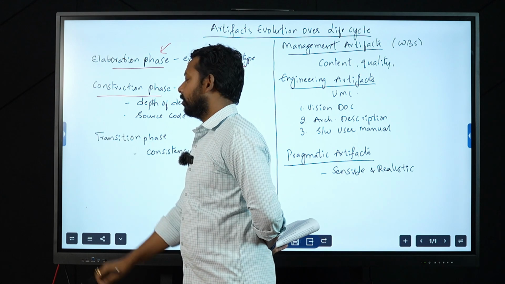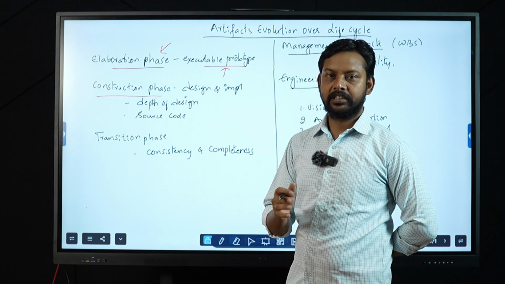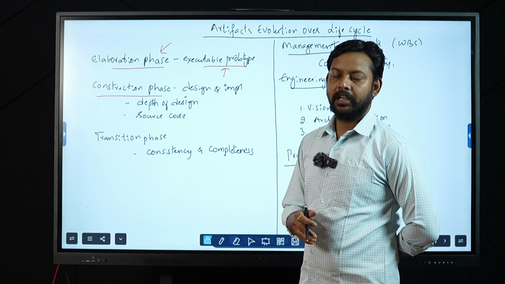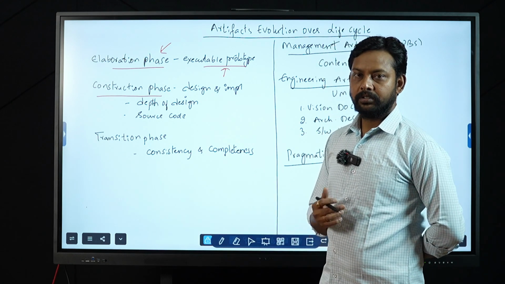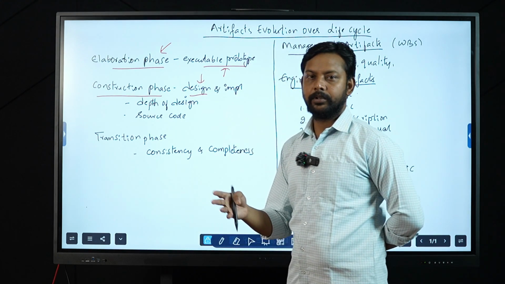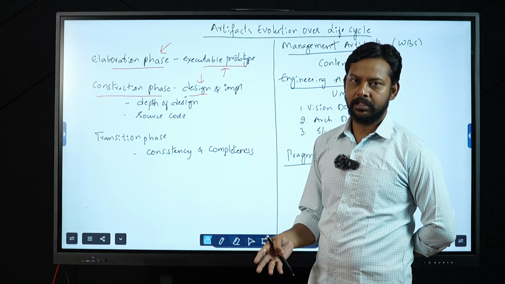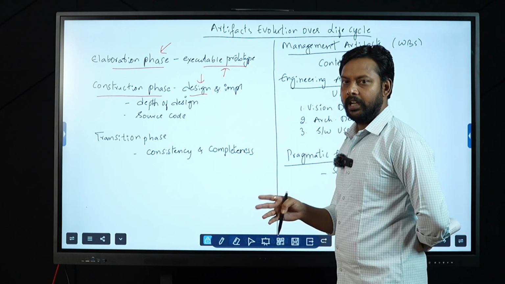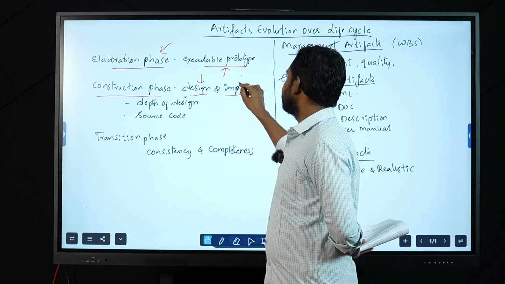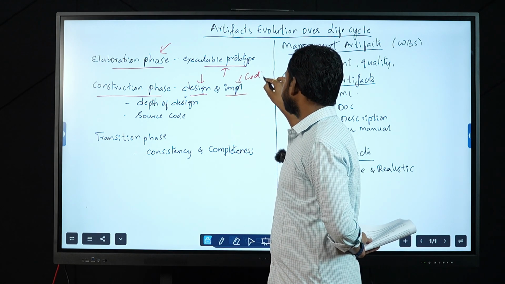The major focus of your construction phase, or the artifacts that depend on your construction phase, depends on the design part and the implementation part of your software. Design part deals with which sort of use cases you are using, which UMLs you are using, and whether they are in line with your software project or not. And implementation relates with your coding part.